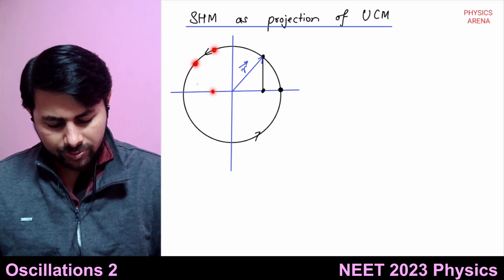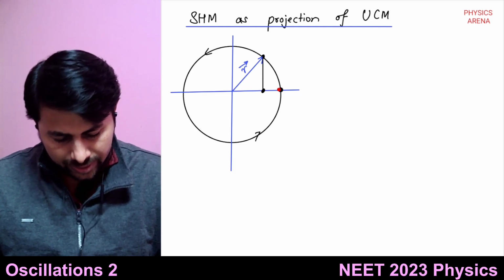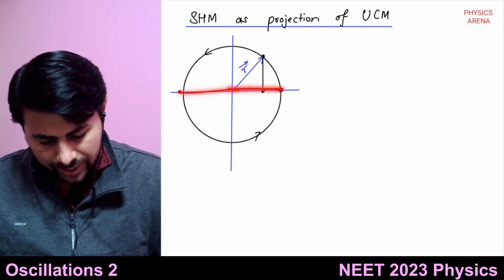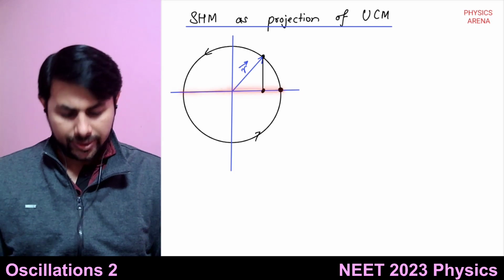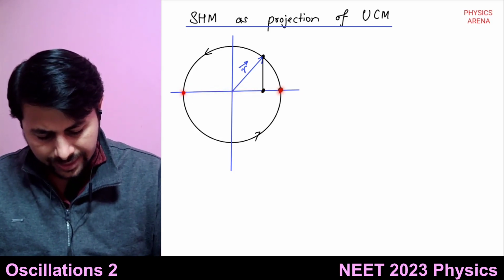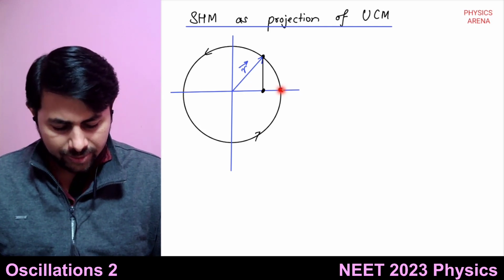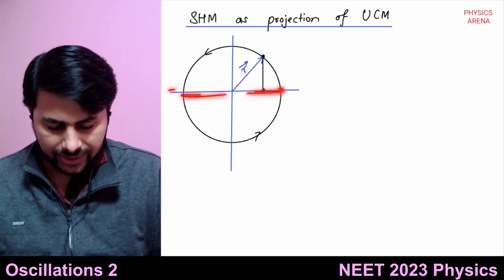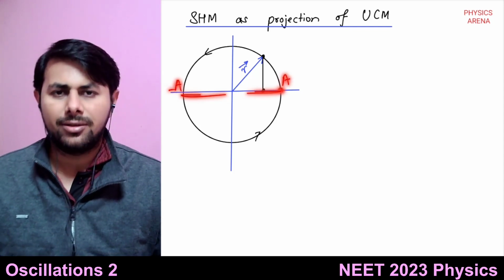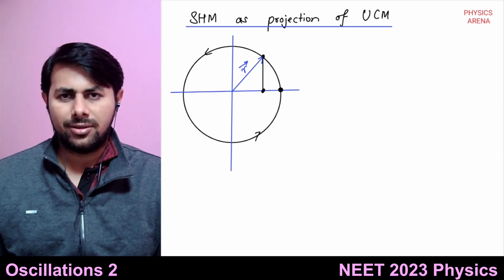So you can see that this projection is moving left and right about this mean position, and these are the extreme values up to which this projection can move. We can say this is minus a, this is plus a, and how much is the value of a? It is equal to radius of the circle.